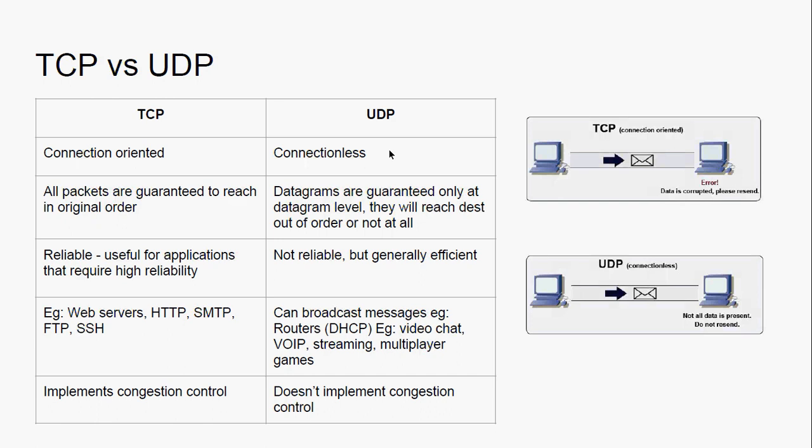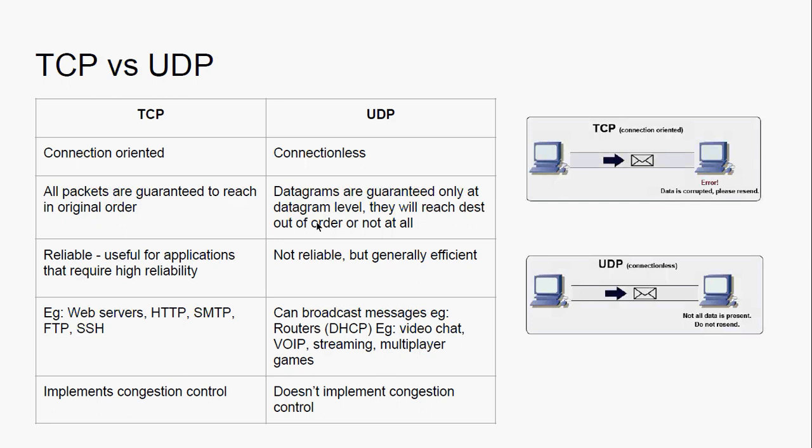Whereas UDP is connectionless. Here the data is similar to packets, but they are called datagrams. Since it's connectionless, they are not guaranteed to reach in order.